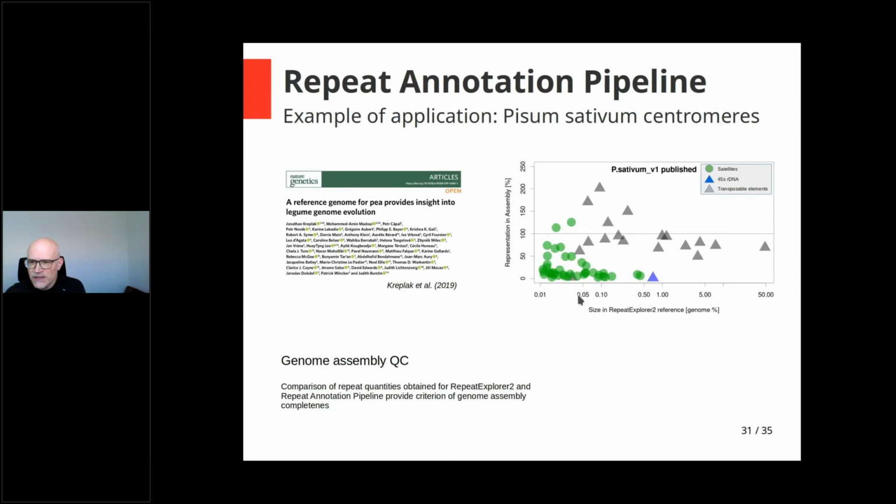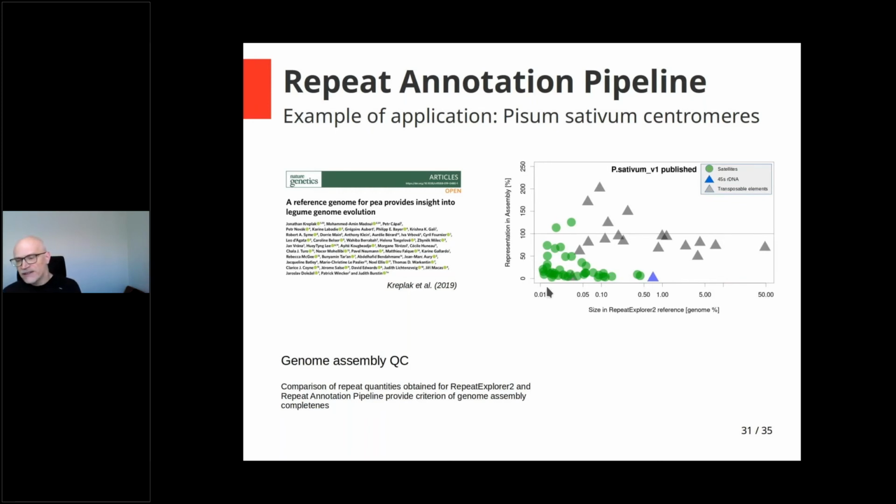These green ones are satellites, and you can see they are highly underrepresented in the genome assembly. Then rDNA is highly underrepresented. Other repeats are represented a little bit better. So we can basically see that centromere sequences couldn't possibly be complete in this assembly.